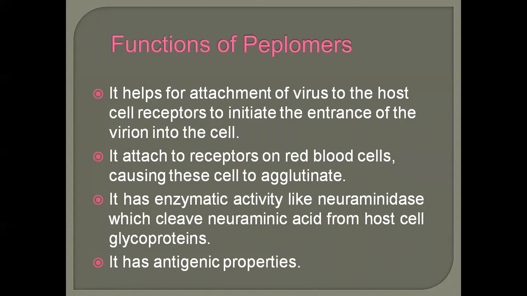When these peplomers bind to the red blood cells of humans, there is hemagglutination, and they bring enzymatic activity with the enzyme neuraminidase, which releases neuraminic acid from the host cell glycoproteins.